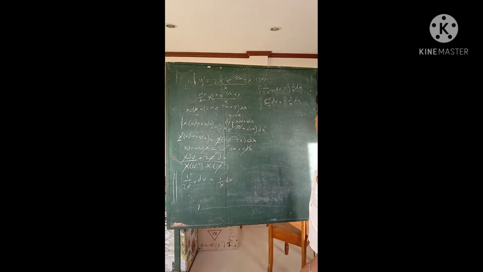Okay, so since y equals vx, v equals y over x. So let's substitute the variable v. The value of v equals y over x, so e to the v over 2 equals ln of 1 over x equals ln x plus c. So we need to divide both sides by 2.